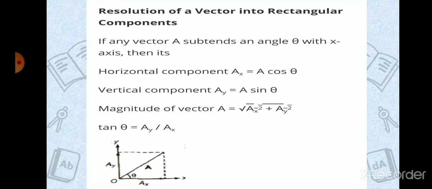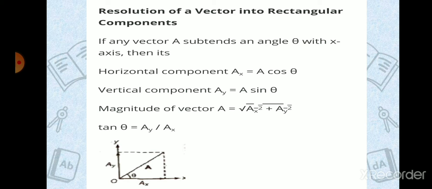Resolution of a vector into rectangular components. Here, a vector A in any arbitrary direction is changed into the form of two vectors, one along the x-axis and another along the y-axis.